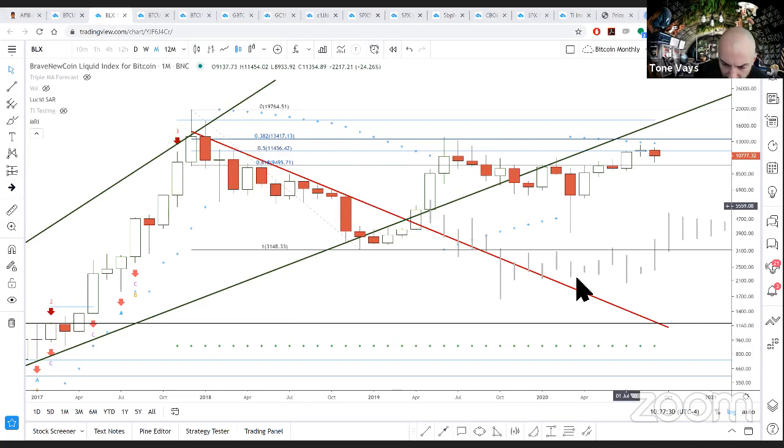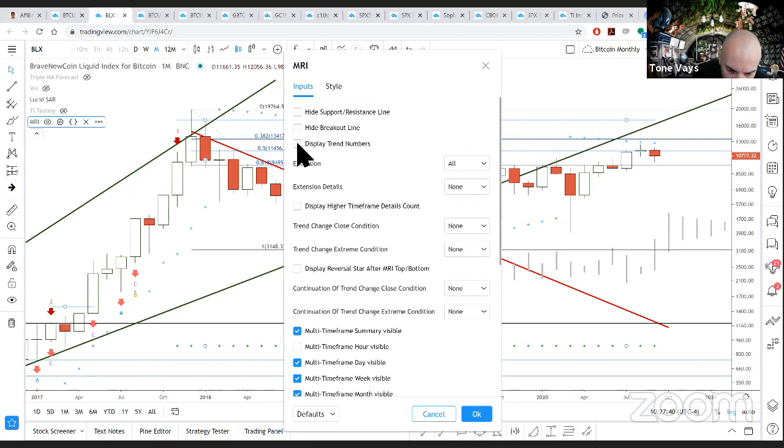Okay, here are the regular candles, and it's really not interesting in the world of the MRI. Not at all. Now, you can turn on details, which I'm hoping you don't need that often. But if you turn on details, you can see where you are in the counts, and you can also turn on all the extension details, and you can also turn on the higher time frame details.